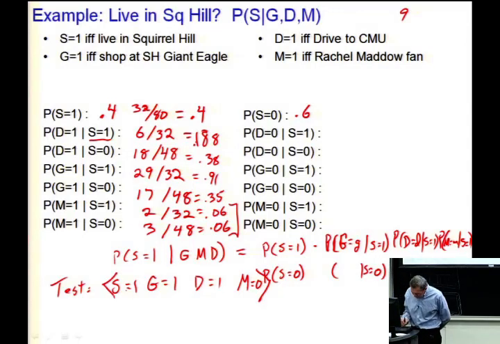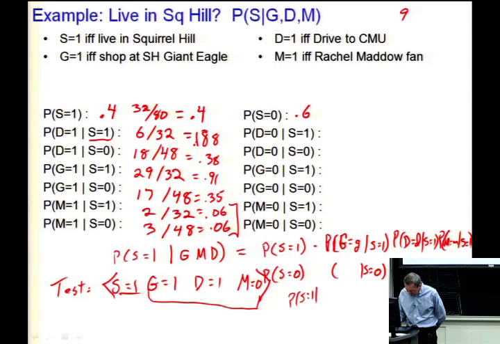Now, we know the true value of S, but of course our classifier wouldn't get to look at that. It only gets to look at the other 3. And so what would it predict? Let's just do it. It's going to consider the probability that S equals 1 given this test example. And that's going to be proportional to this expression, right? So that's 0.4 times, what number do I put here?